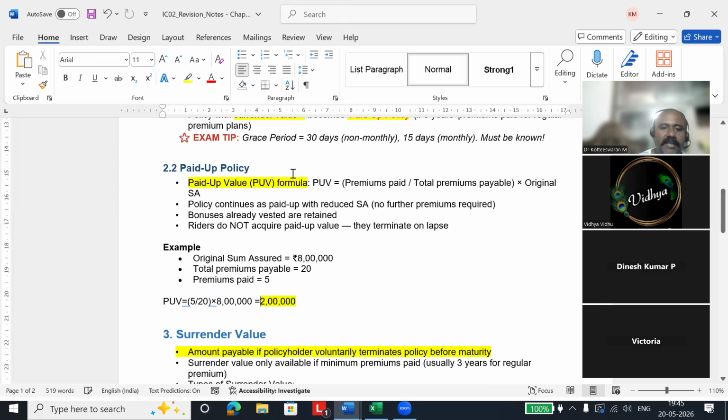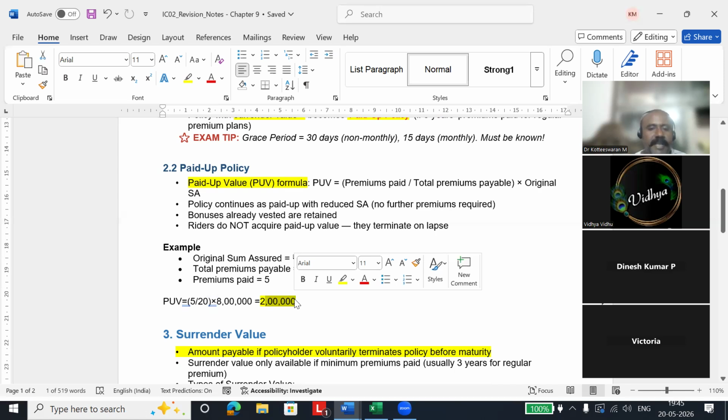Now the paid up value for this policy is 2 lakhs. So 5 premium கட்டிட்டு நீங்க விட்டுட்டீங்கன்னா the policy will continue for 20 premiums. 20 premiums ன்றது it may be half yearly or yearly premium கணக்கு வச்சீங்கன்னா 20 years it will continue. Instead of 8 lakhs, the face amount will get reduced to 2 lakhs.